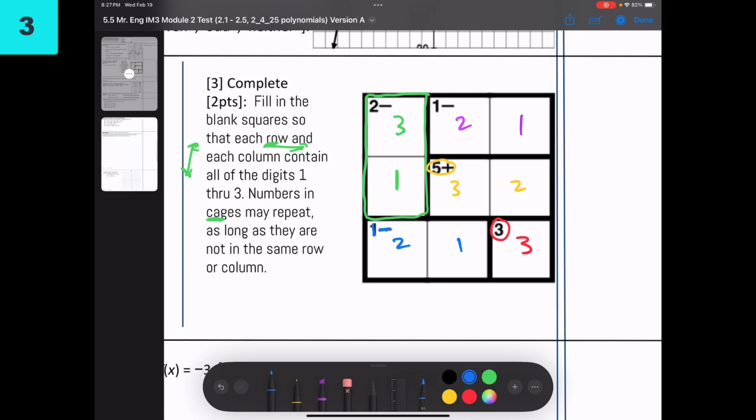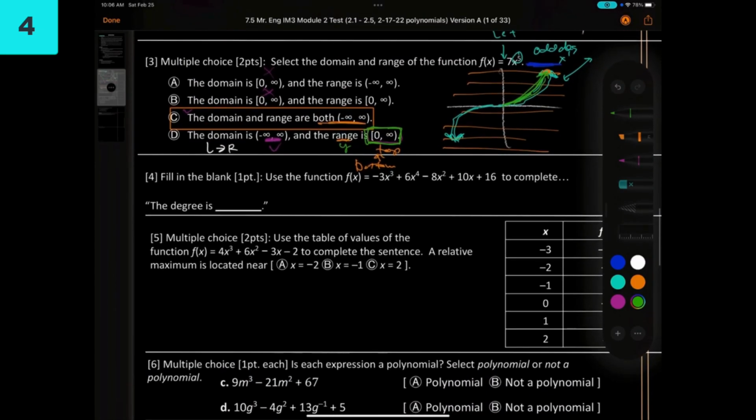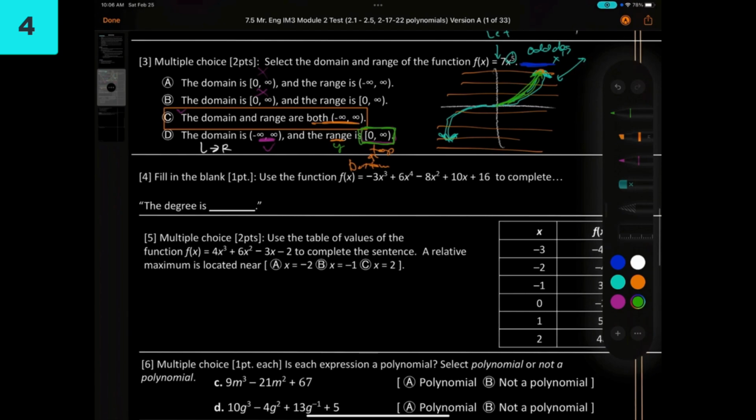and no repeating columns. Number 4, use the function f of x equals negative 3x to the third plus 6x to the fourth minus 8x squared plus 10x plus 16 to complete the following. What is the degree of this polynomial? The degree is the largest degree. Okay, but the polynomial has to be in descending order. What does that mean?